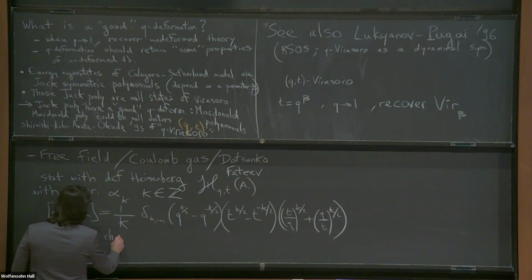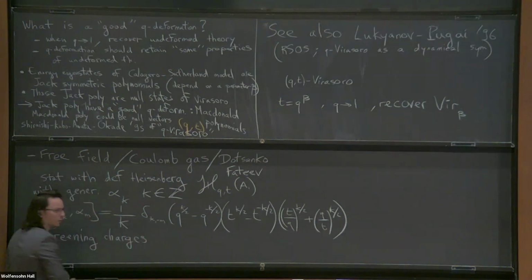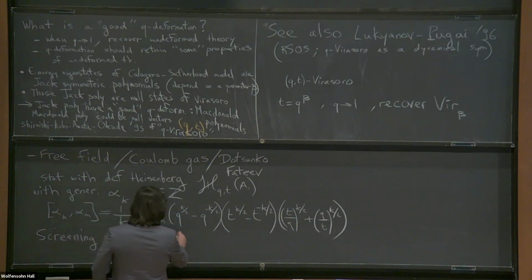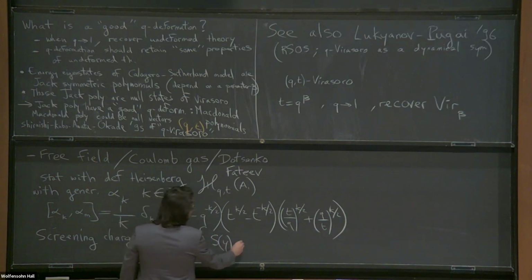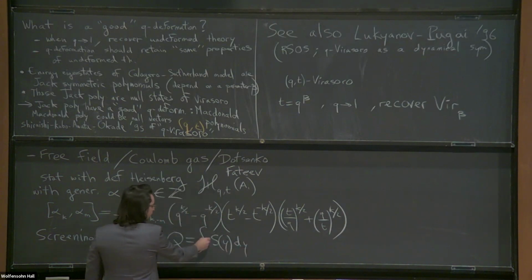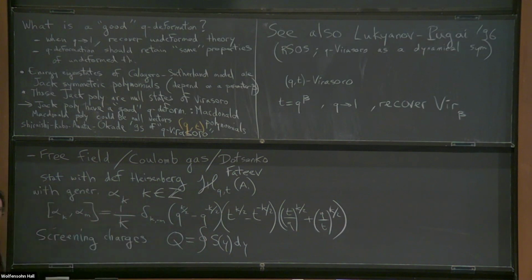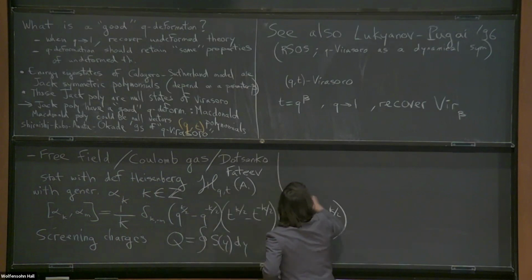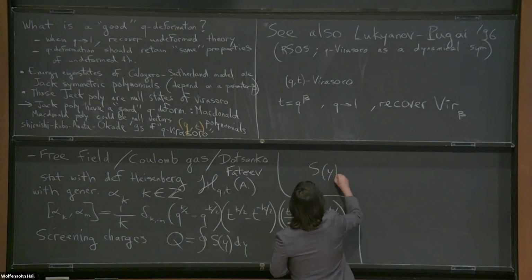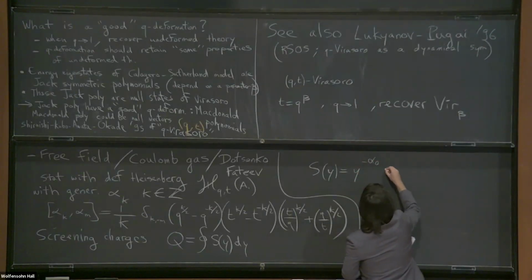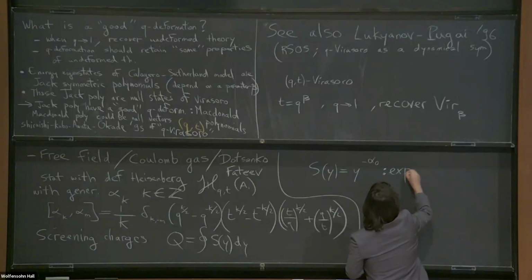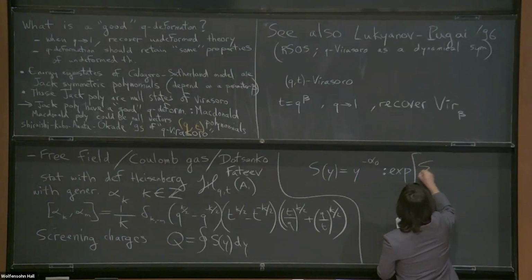Screening charges. I'll review what these words mean in the context of the usual Virasoro in a second, but screening charges will be defined as some integral of screening currents, defined with some contour, where the currents will be some normal ordered exponential, a sum over modes.